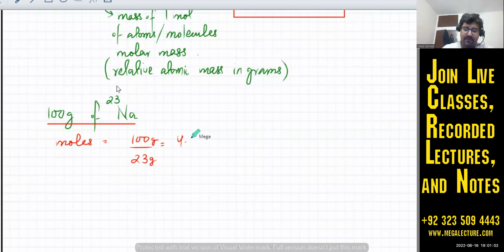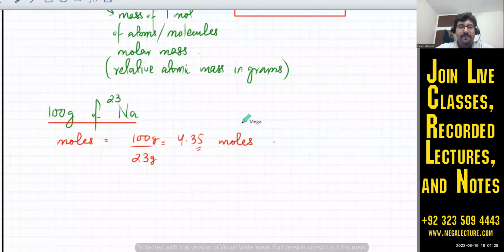I'm going to write it as 4.35, rounding it off to the third decimal. 4.347 moles. Sorry, it's still hanging up. Just a second. I think it's working. As 4.35 moles.